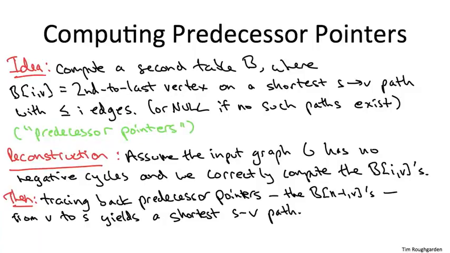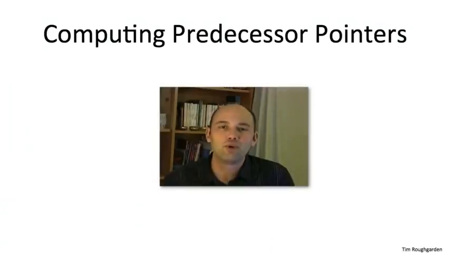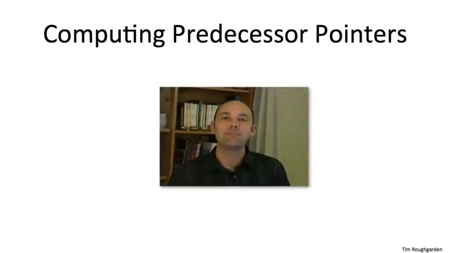We're storing at v what the last hop is, (w,v), and so we know that it's just that last hop with the shortest path back to s from w. And by traversing, that's exactly what you do. You just reconstruct the rest of the path from s to w. So if we correctly compute predecessor pointers, then they enable this simple reconstruction of shortest paths just by traversal after the fact.